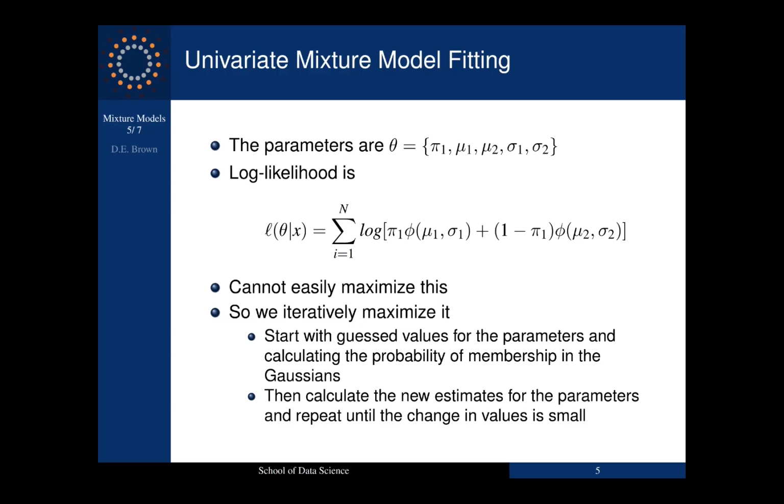And then we calculate new estimates for the parameters based upon that, and we repeat until change is small, until we see no change, or until the likelihood seems to have plateaued.